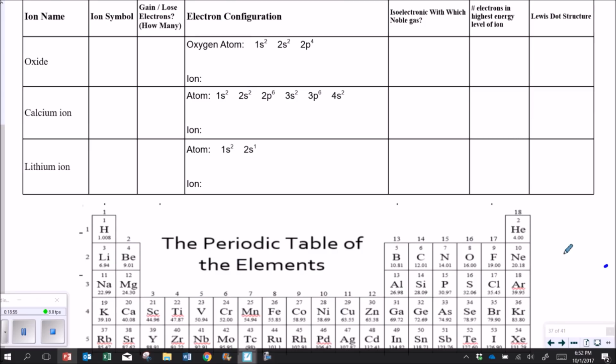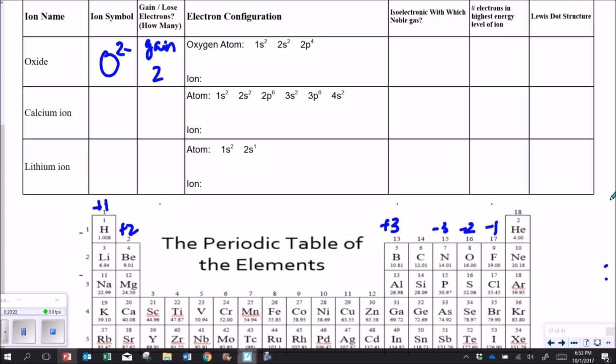Remember that the pattern for the charges for ions on the periodic table goes +1, +2, +3, -3, -2, -1. So if we look at oxide, the ion symbol will be O with a -2. That means it gained 2 electrons.